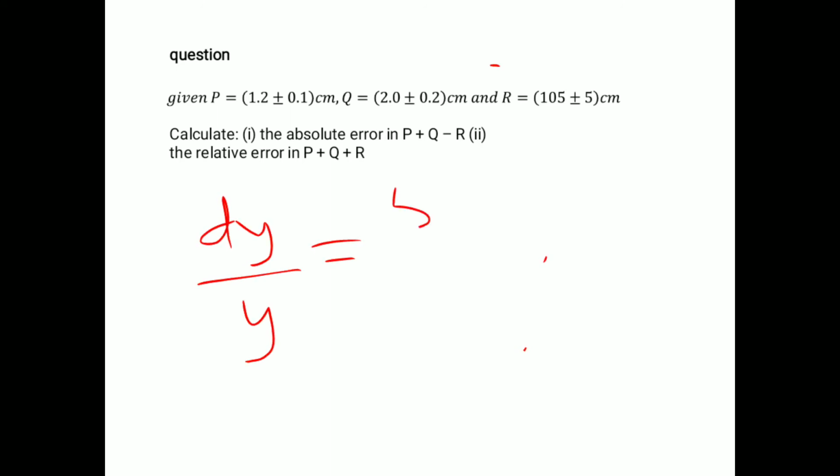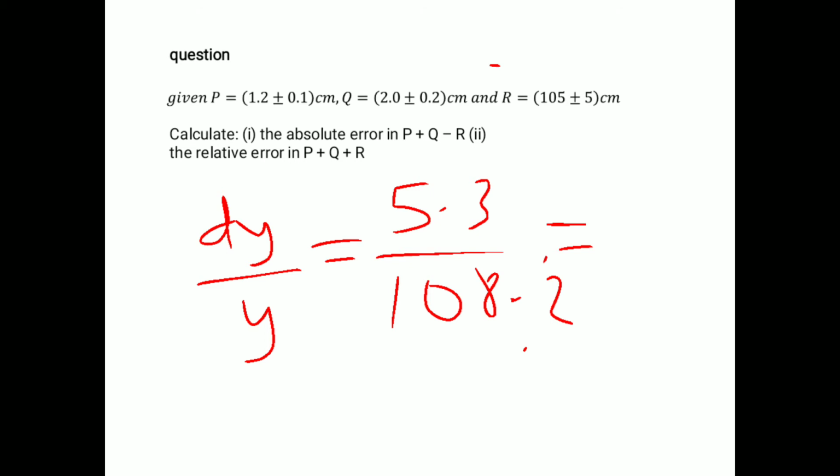The error in y, we had it to be 5.3, divided by y itself, which is 108.2, and when we do that, we are going to get 0.049. So the answer here is 0.049. Okay, that's quite beautiful. Now we make progress. We move to the next.